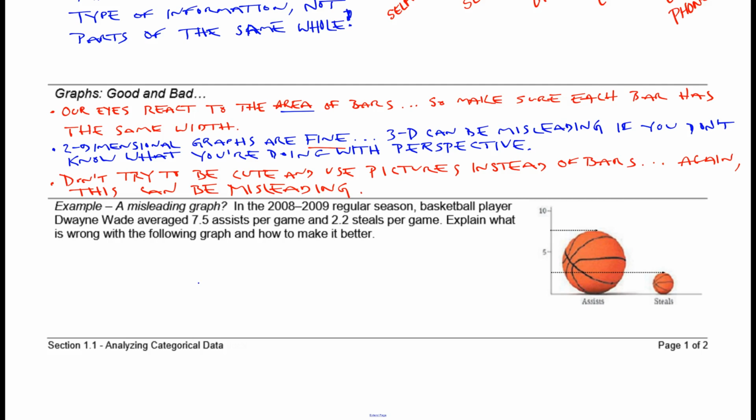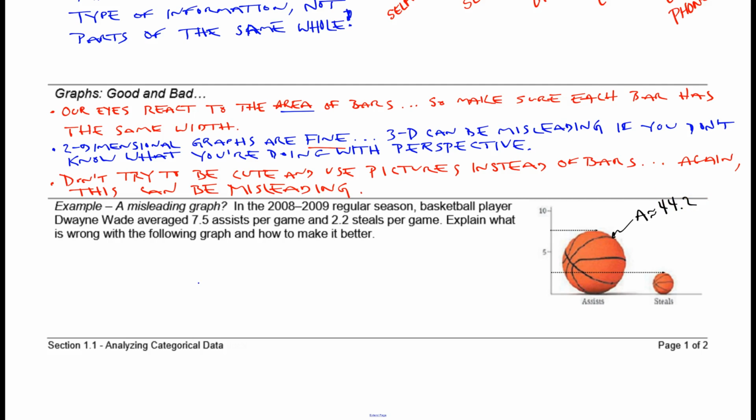In fact, if we were to calculate the area of each of these, if we take the diameter of the basketball, 7.5, cut it in half, square that, and multiply by pi, we would have an area of approximately 44.2 units. That would be 44.2 units for the area of that circle.